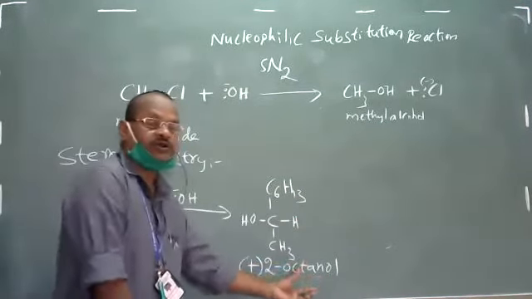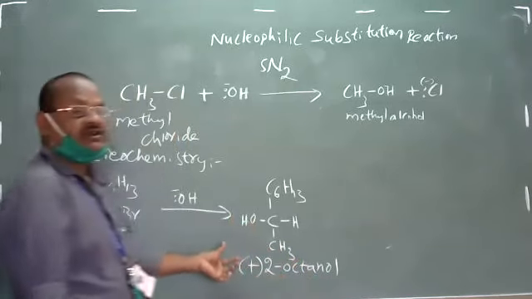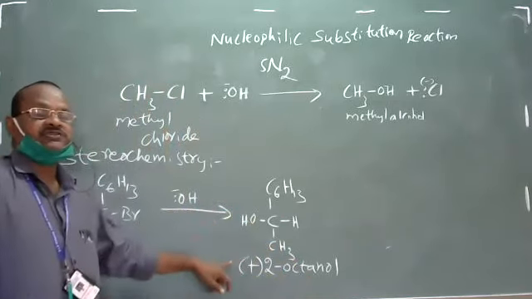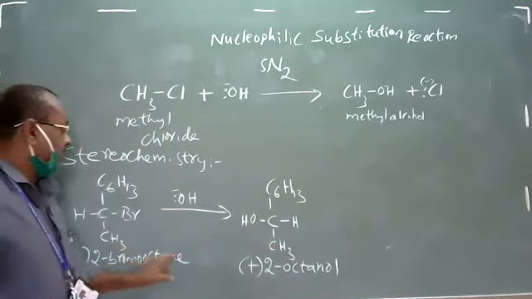That is, the 2-octanol that is formed is dextrorotatory, which means it rotates plane polarized light towards the right side. Whereas your reactant is levorotatory, it rotates towards the left side.